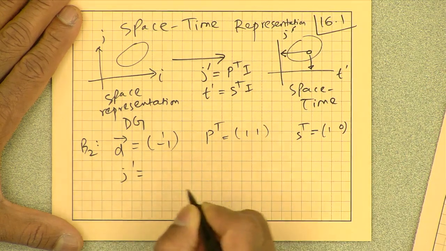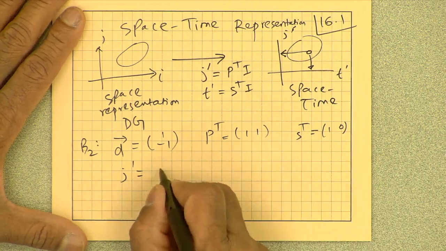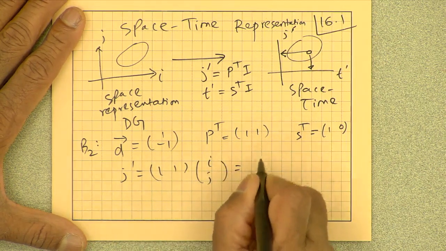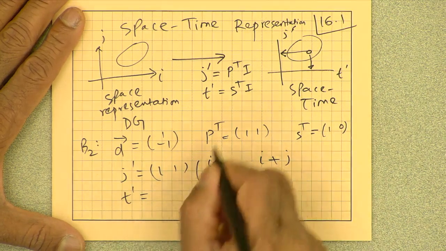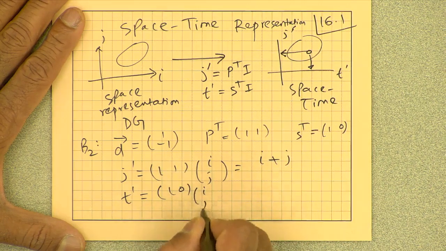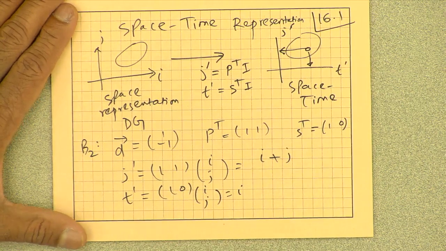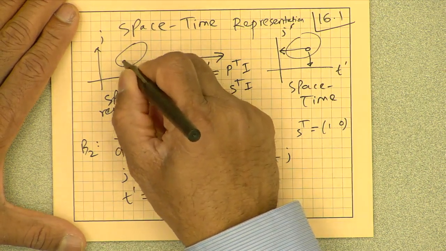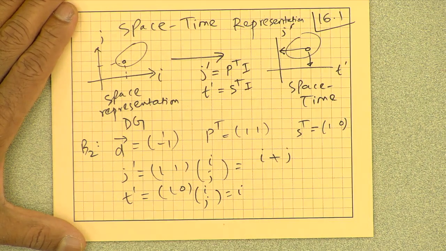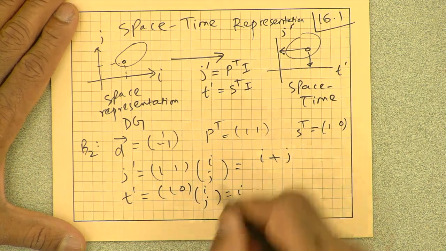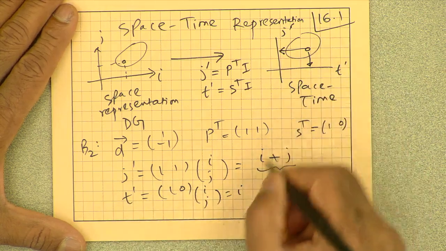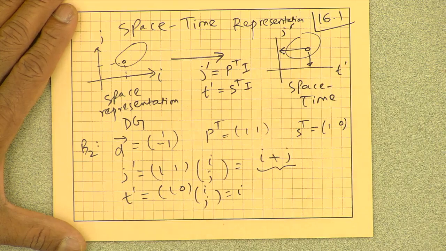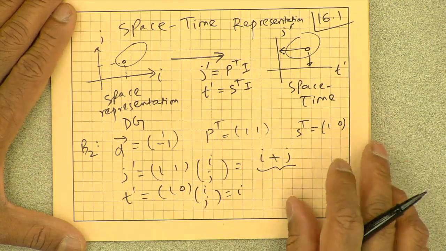So J prime, which is the processor axis, is 1 1 times Ij, which is I plus j, and T prime, which is the time at which it is computed, is S transpose I, which is 1 0 times Ij, which is I. So this says that a certain node with coordinate Ij in the space representation is mapped to another node through a linear mapping, so that the processor axis J prime will be whatever I plus j is, and the time is the same as the I axis.